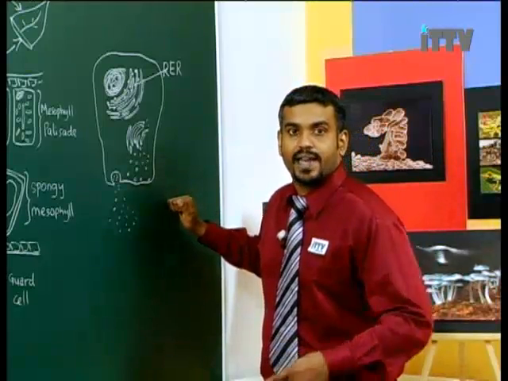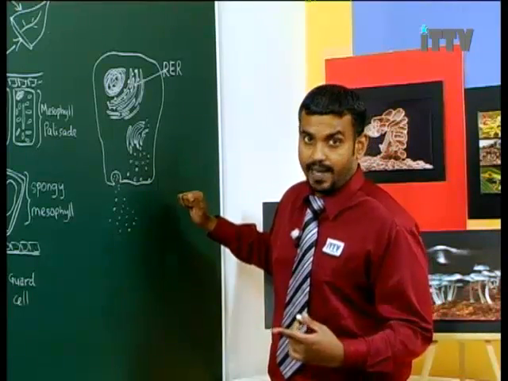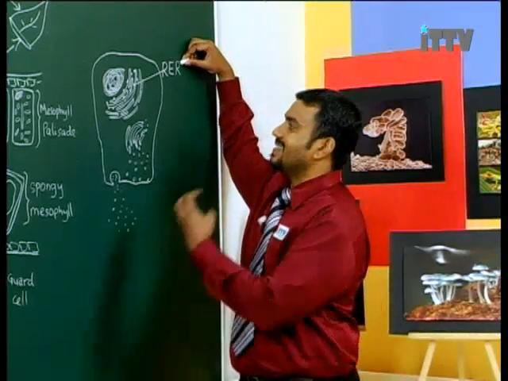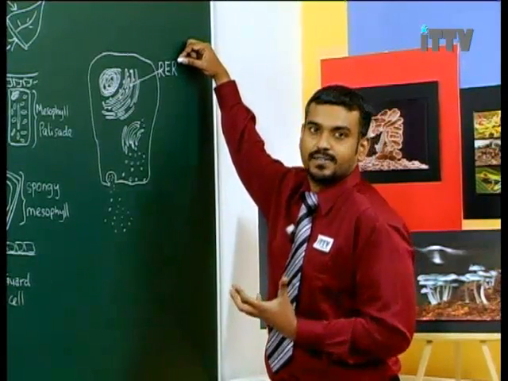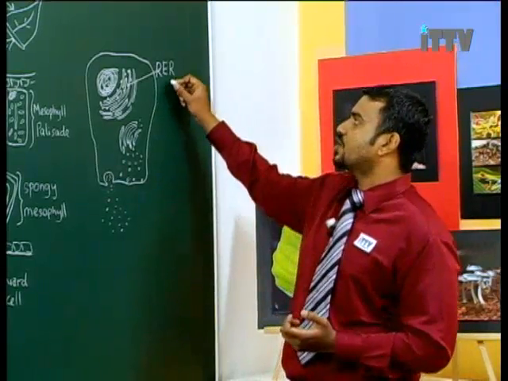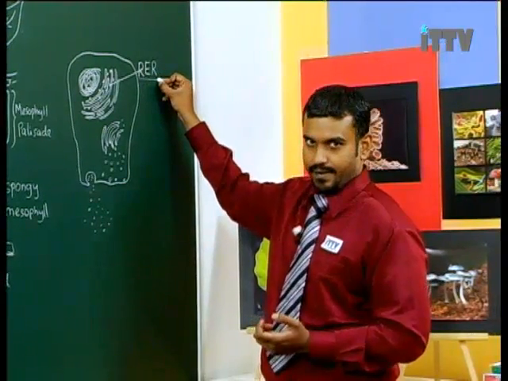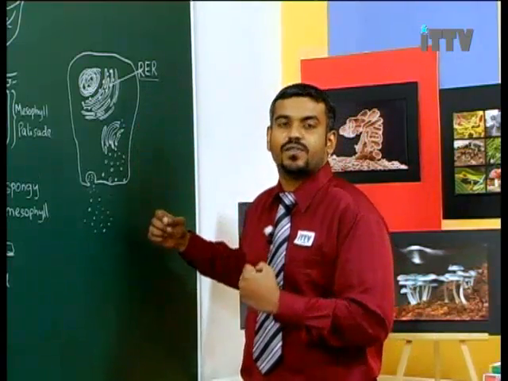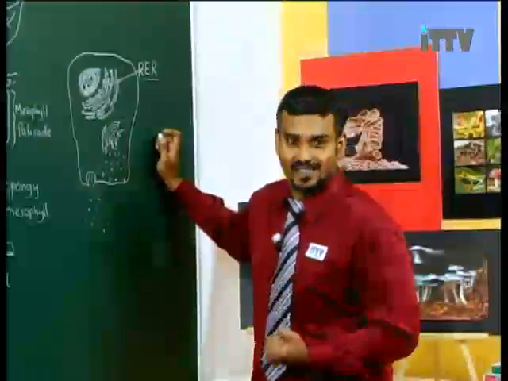Ribosomes are important to carry out protein synthesis, right? So, the rough endoplasmic reticulum is in charge of protein synthesis. Now, if the pancreatic cell has a large quantity of RER, what does that mean? It means that this cell is actively carrying out protein synthesis.